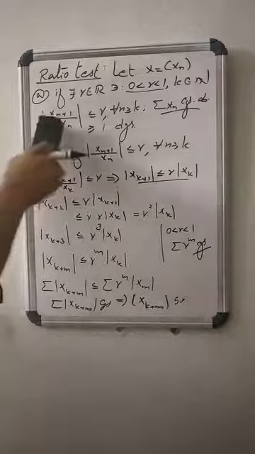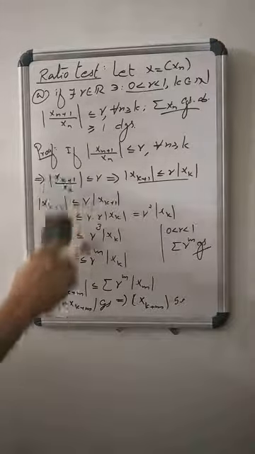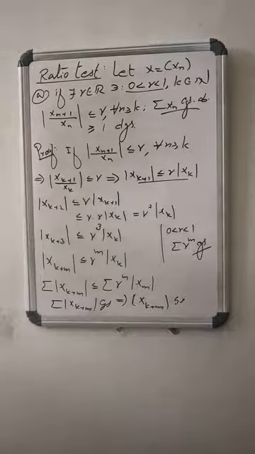And when modulus of xn+1 by xn is greater than or equals 1, then it diverges. That is the result. If this ratio, modulus of xn+1 by xn, is greater than or equals 1, then it diverges.